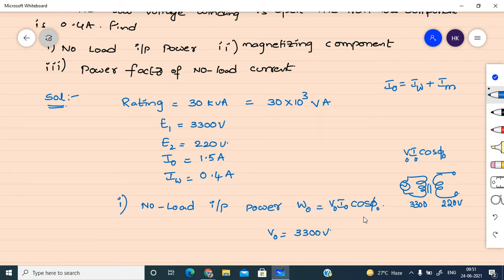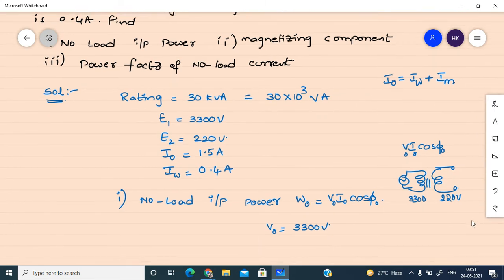Then what about cos phi naught? How can we find cos phi naught, the no load power factor? Do you remember the formulas for IW and IM?